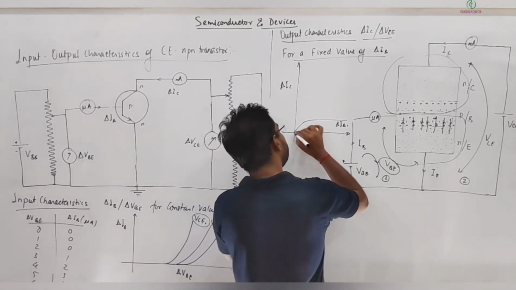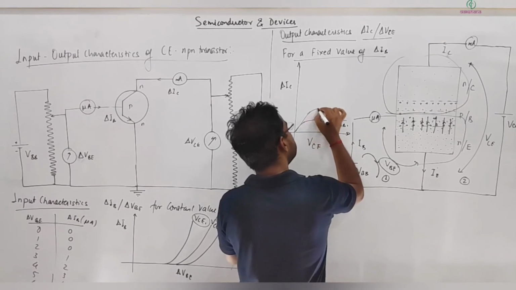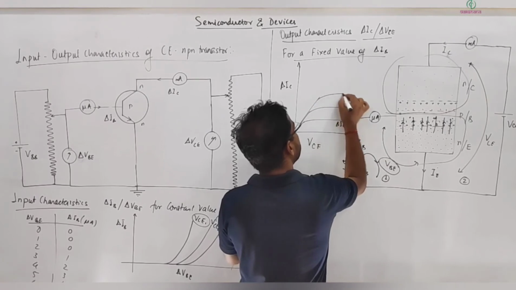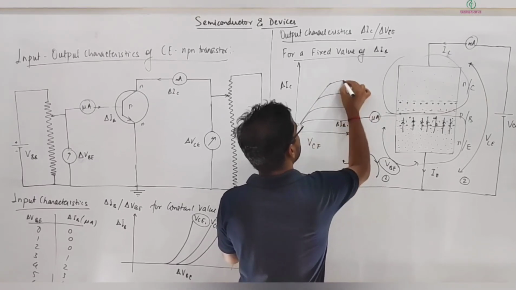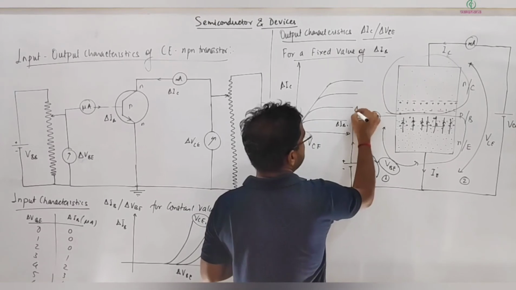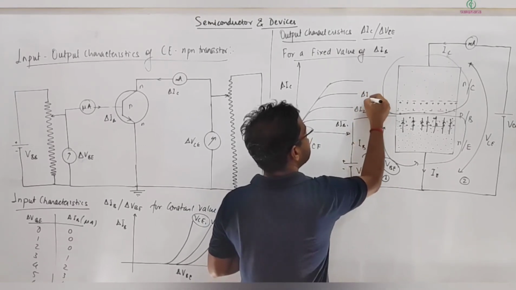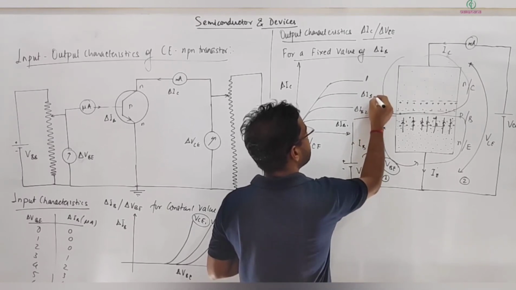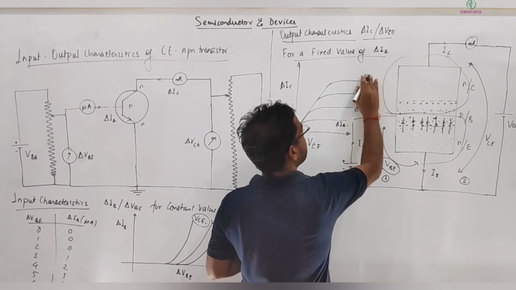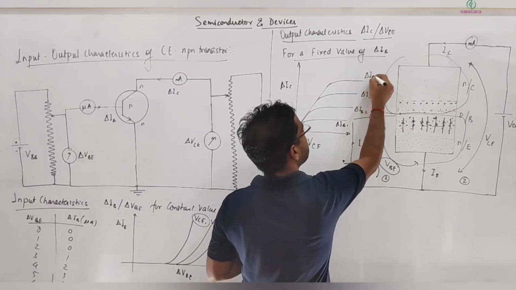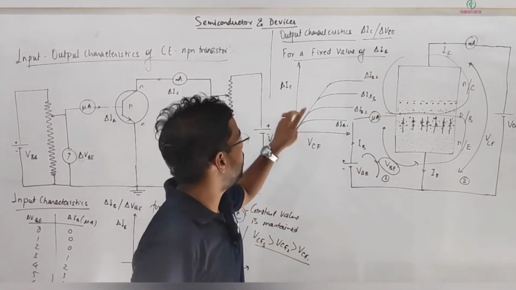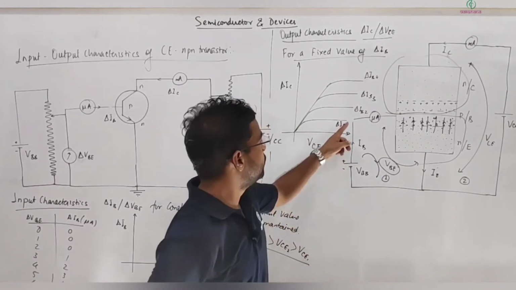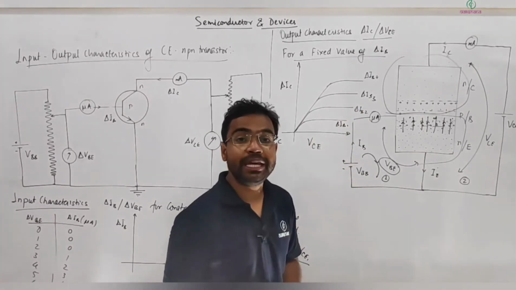The graph looks like this, and similarly it increases further, and then again becomes constant, and so on. So this is ΔIB2, ΔIB3, ΔIB4: variation of output current with this VCE voltage for different values of this base current.